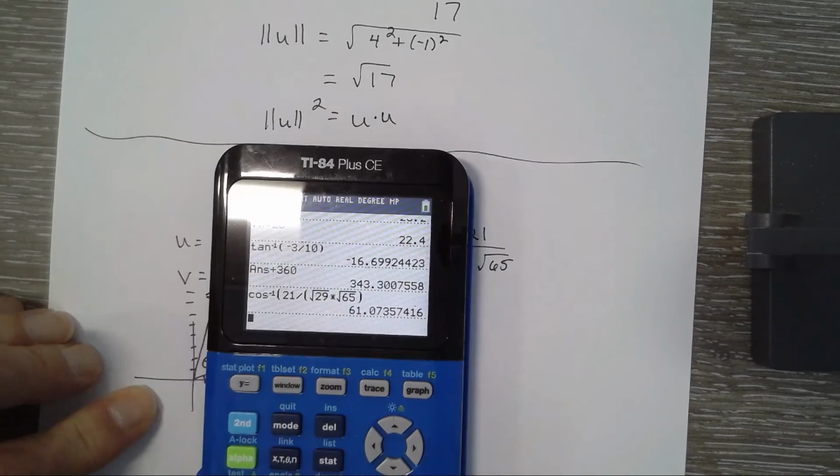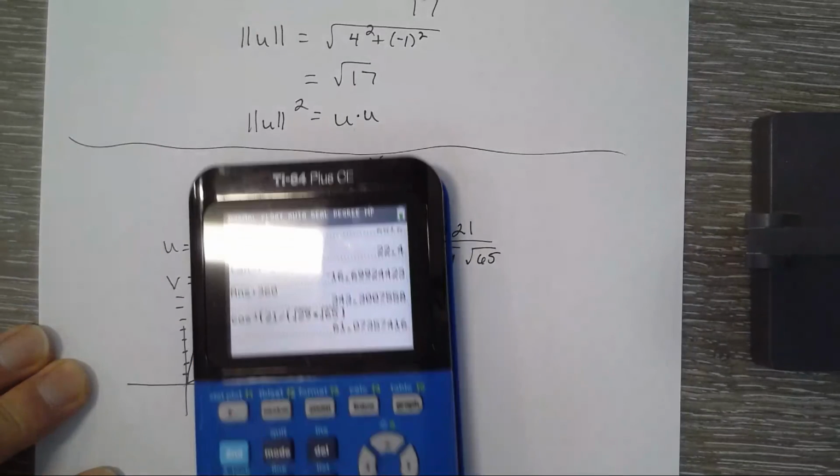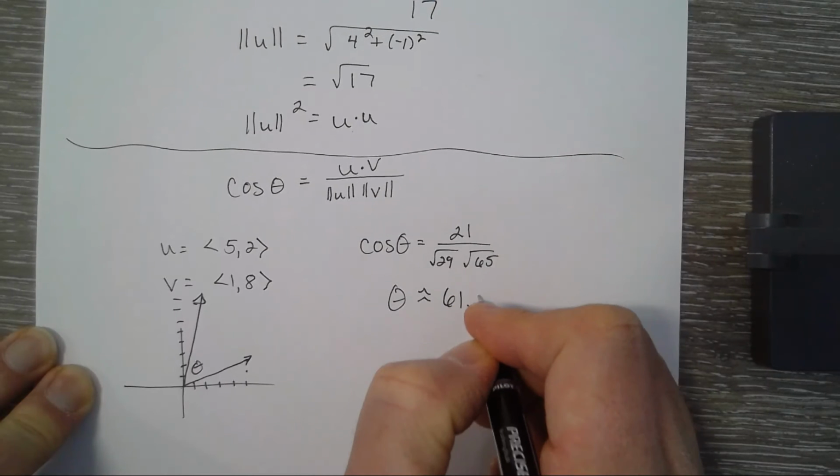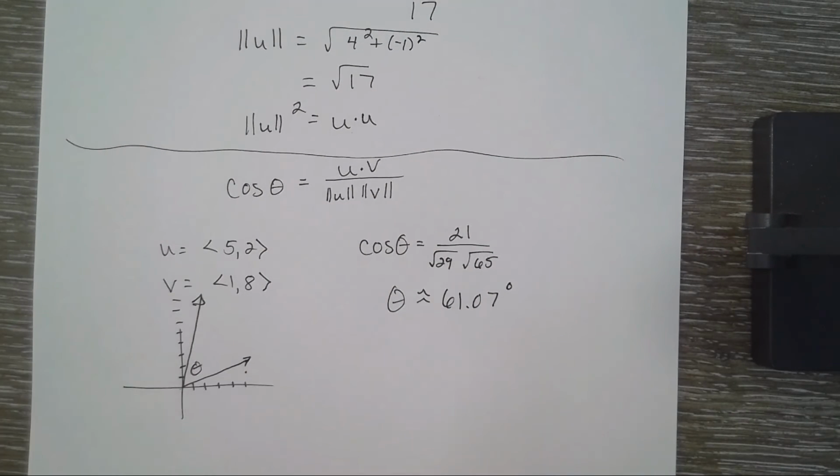I got 61.07 degrees. So that's our angle between those two vectors, 61.07 degrees.